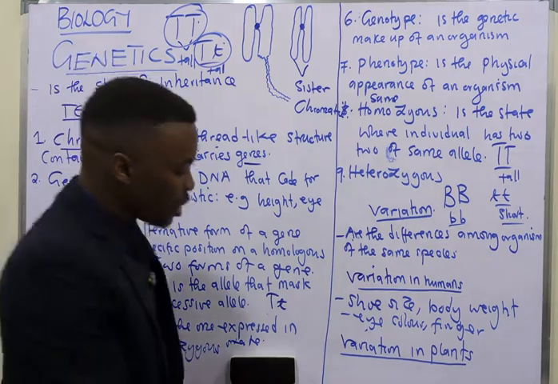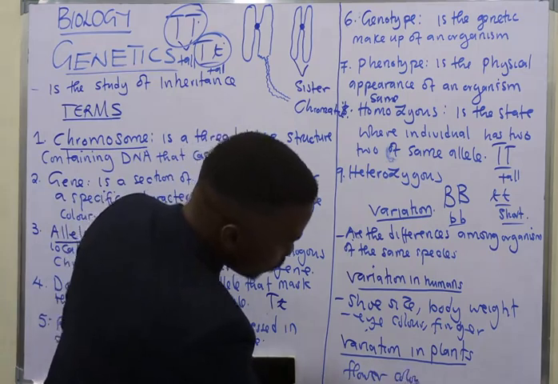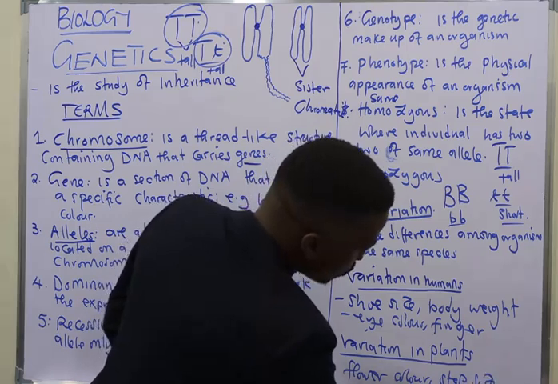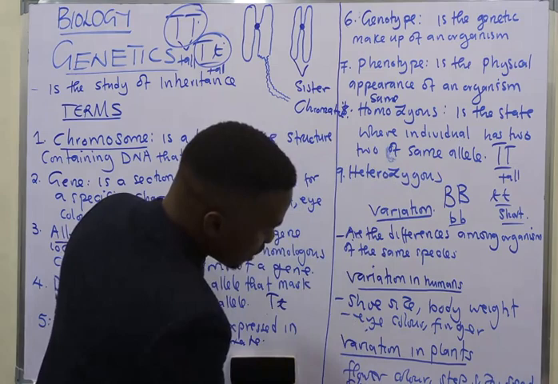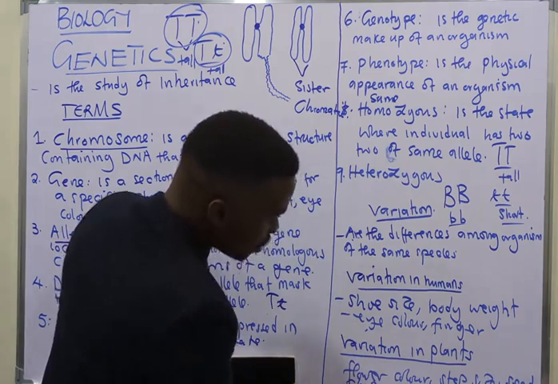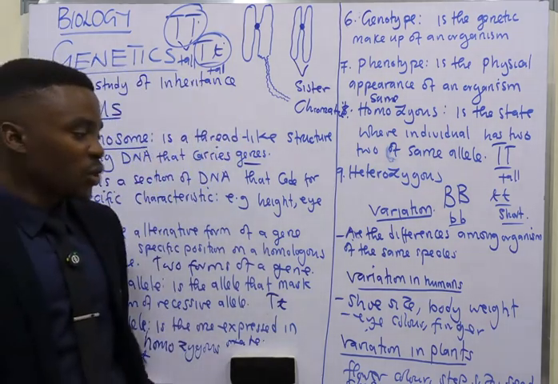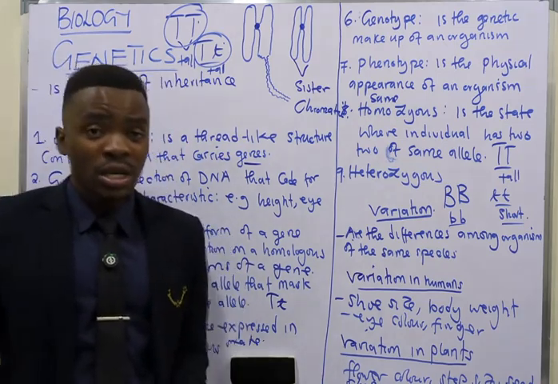Then for plants, you can talk of flower color. You can talk of stem size. You can talk of seed shape. All these characteristics show variation in what? In plants.